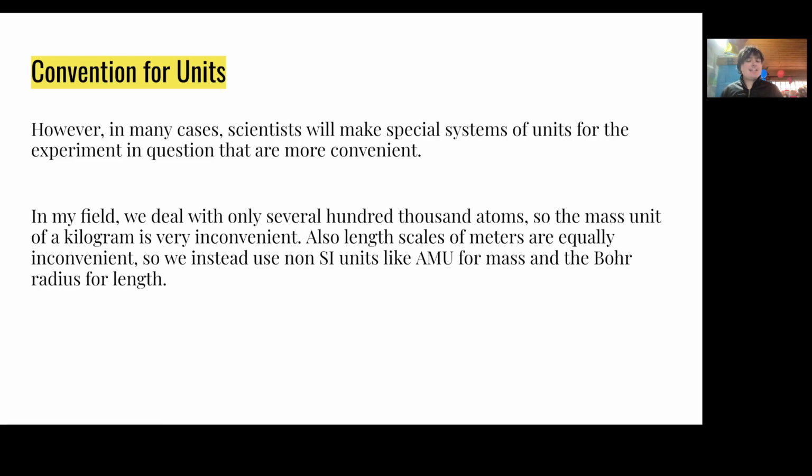So the mass unit of, say, a kilogram would be extremely inconvenient. And also, when you're talking about atoms, length scales of meters would be humongous. So instead, we create non-SI units, such as the atomic mass unit for mass, or the Bohr radius for length.